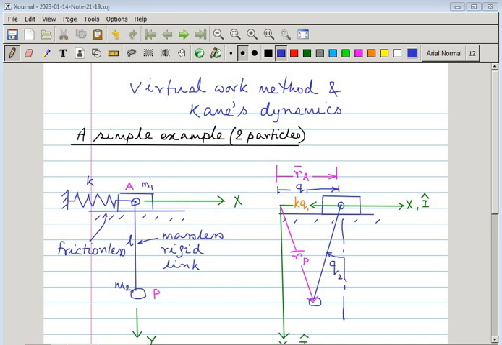So 1 degree of freedom is the location of the block along capital X, and that is q1, and the other is the angle from the vertical. This is X, this is Y, and the z direction is going inside the paper.